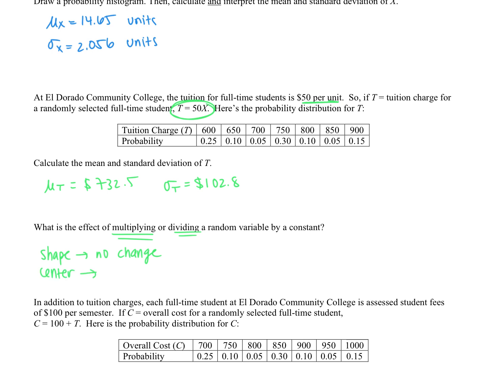The center, so in this case, the mean, is going to multiply or divide by that same constant. So if instead we had decided to divide by 2, we would just need to divide the mean and the standard deviation by 2. And then the spread is changed by the same constant.